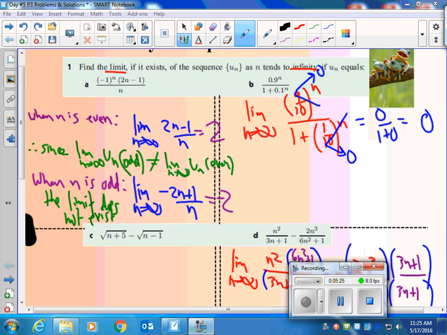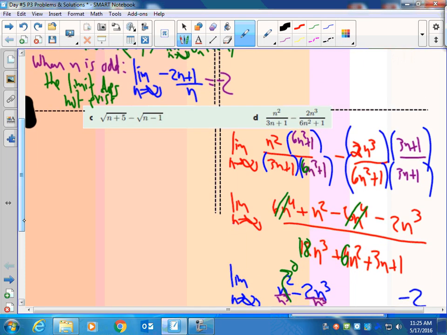One more on this page, C. With C, you're taking the limit as n approaches infinity of the square root of n plus 5 minus the square root of n minus 1. Now, this is infinity minus infinity. Is that an indeterminate form? It is.